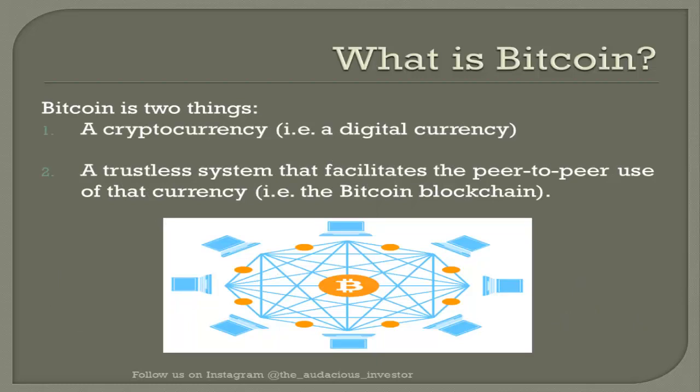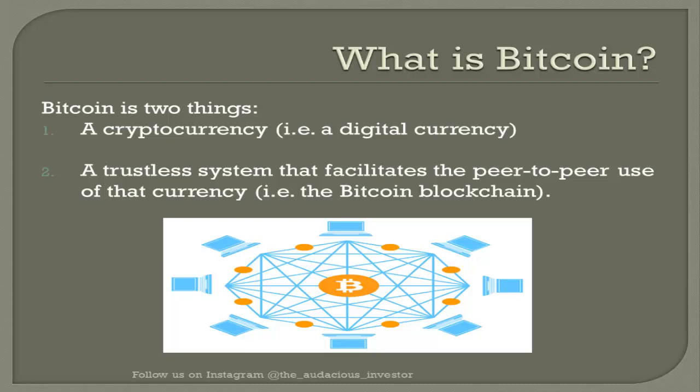Firstly, when people talk about Bitcoin, it is a cryptocurrency, a digital currency. And secondly, when people talk about Bitcoin, they could also be referring to the Bitcoin blockchain itself, which is a trustless system that facilitates the use of the Bitcoin cryptocurrency.